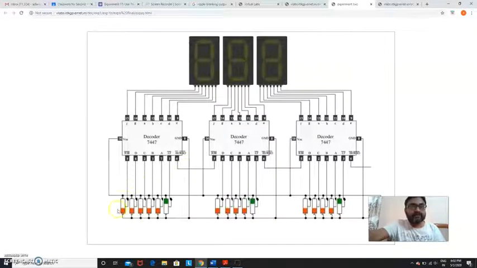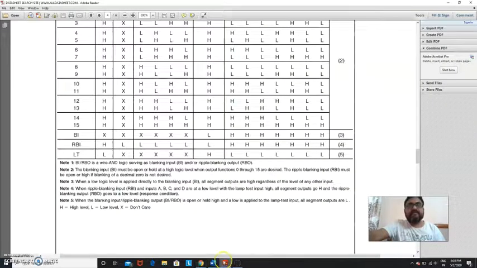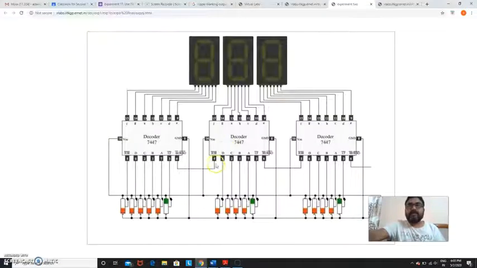Now when this is low, this is also low. Already we know that for this point the ripple blanking must be high if blanking of decimal 0 is not desired. Now blanking is happening. Okay, if you keep this high, then this blanking will not happen.